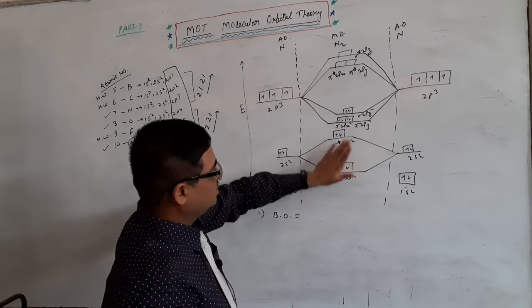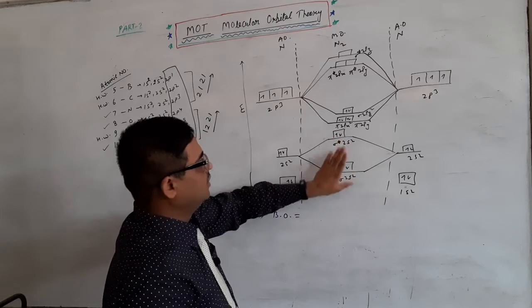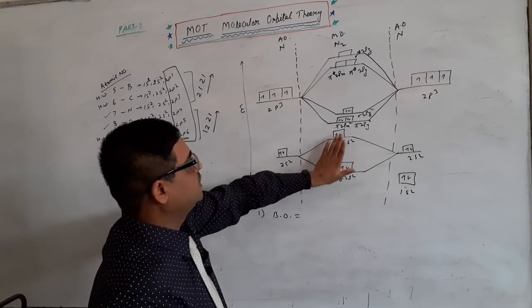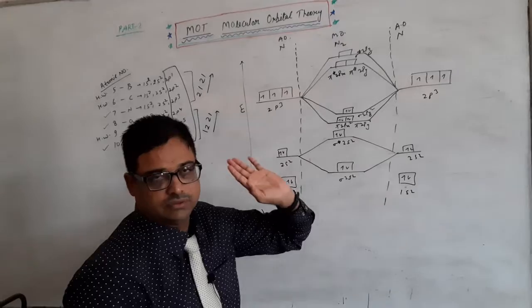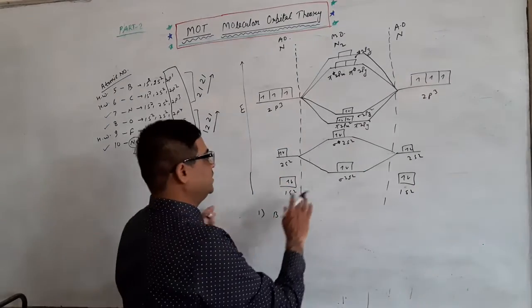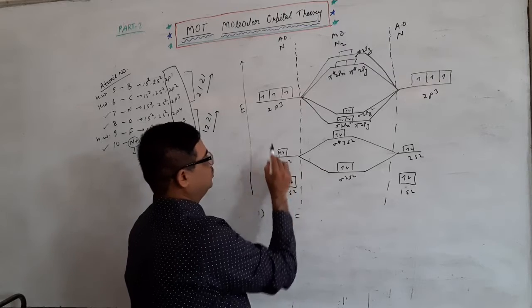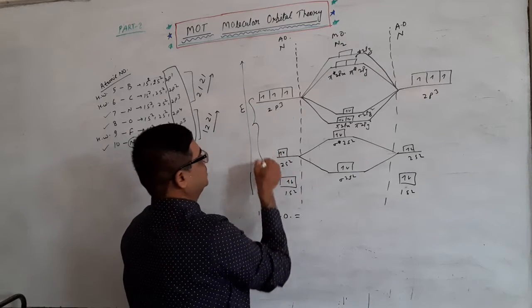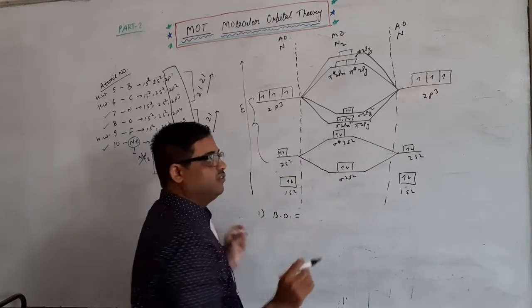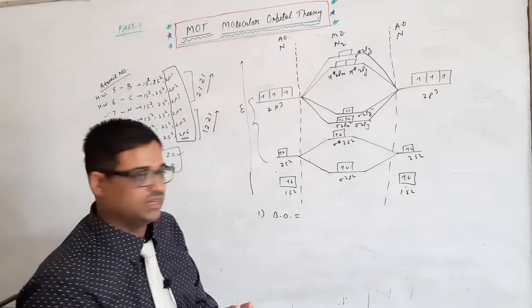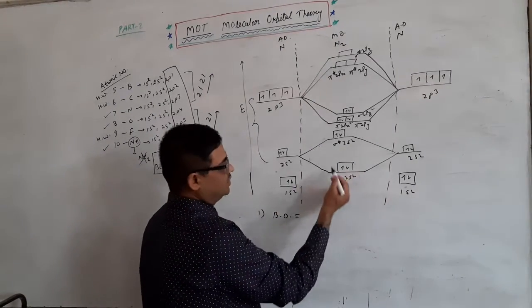You can count these also, but if you don't want to count them, you can take p only. You can write it this way, because 2 2 means they have almost equal energy, so you can count them also.